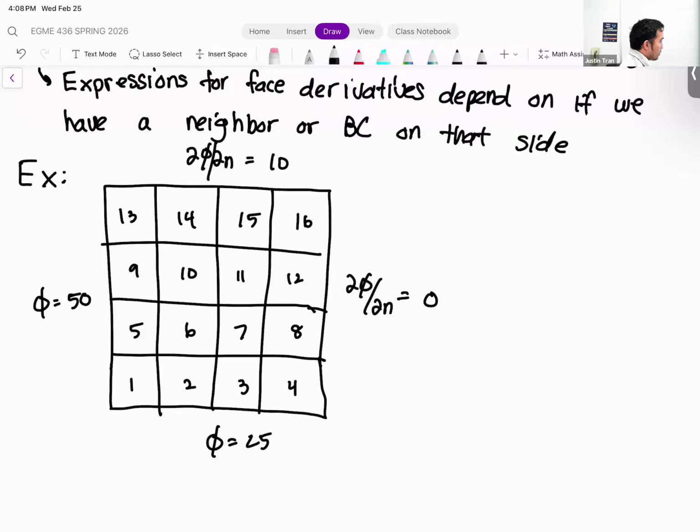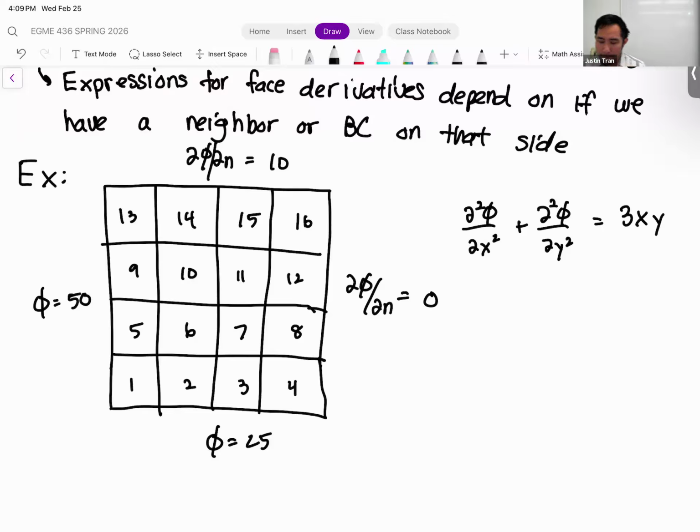That's our two-dimensional domain along with our boundary conditions. We also need a governing equation. Let's say it looks like the following: partial squared phi, partial x squared plus partial squared phi, partial y squared. And let's say we have a source term here, 3xy. The diffusion constant is 1 in this case.